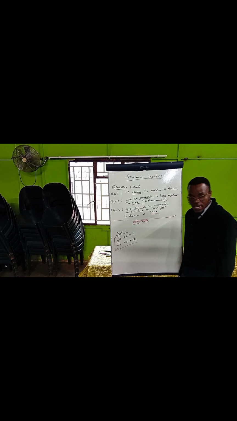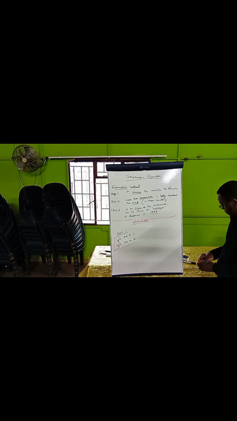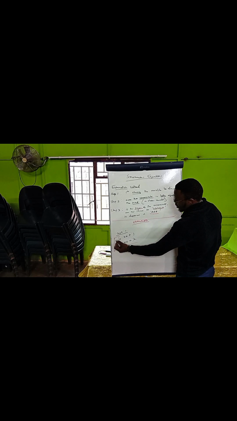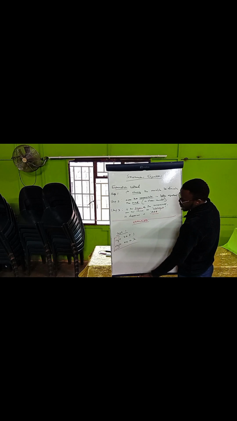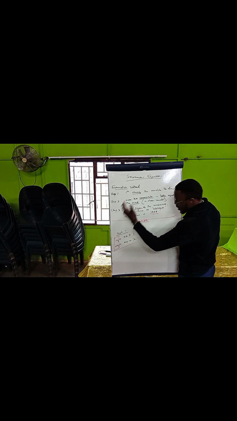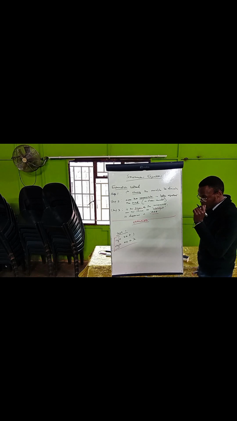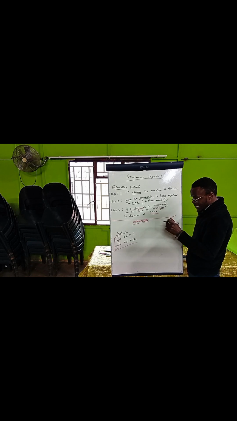Do we subtract or do we add? Subtract. Yes, we subtract because the coefficients of the chosen variable are a positive and a positive, so they are the same. Y is eliminated.